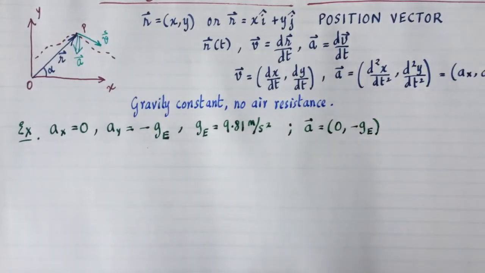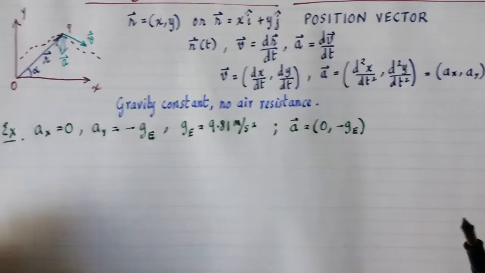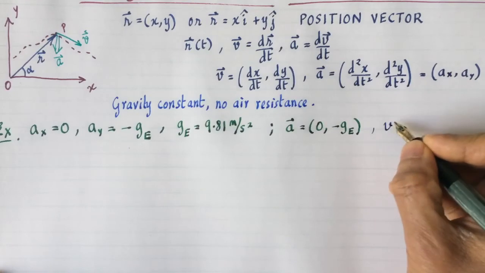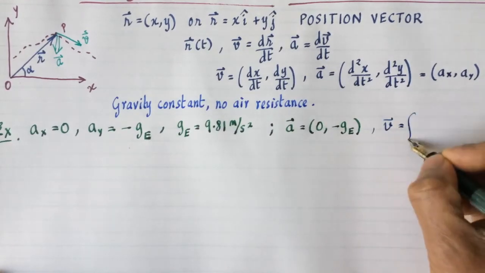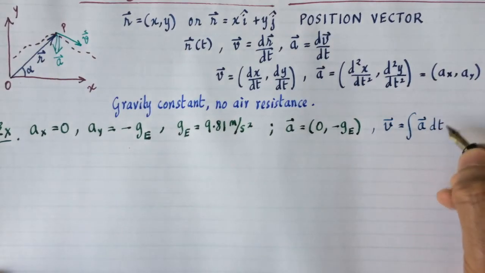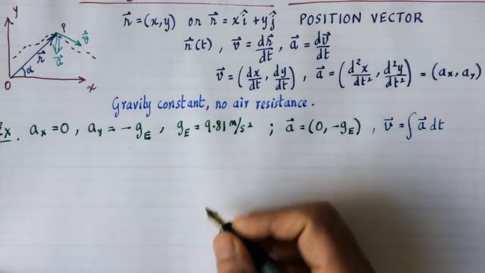Now what we can do is, once we know the acceleration vector, we can find everything else by integrating. So to go from acceleration to velocity, I have to use velocity is the integral of a dt. Now observe, all these things are vector equations.